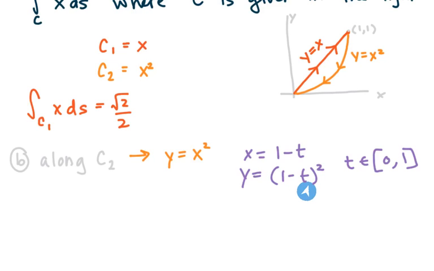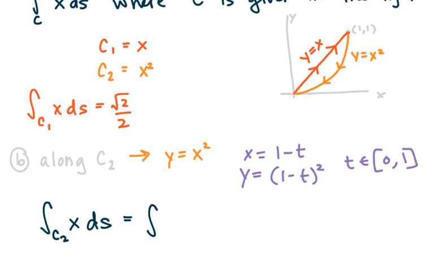Same for y. This is kind of a funny example because it would still work out the same if you had chosen that wrong parametrization. But in some examples, you really do need to pay attention to the order or the direction of your path.